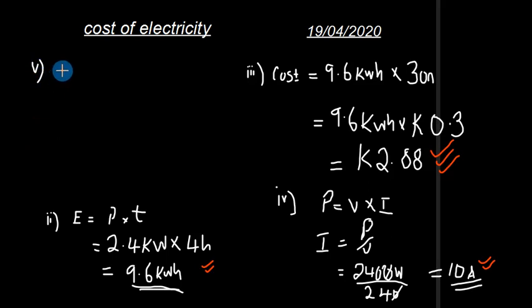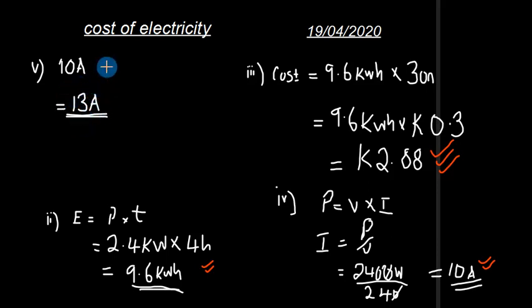So the fuse rating, since the demand is 10 amps and we don't want our fuse to be blowing off regularly, we should use something slightly higher than 10. So in this particular case, a 13 amps fuse can do. Slightly higher than 10. Going to 15 will be too much, but anything maybe 12 to 13.